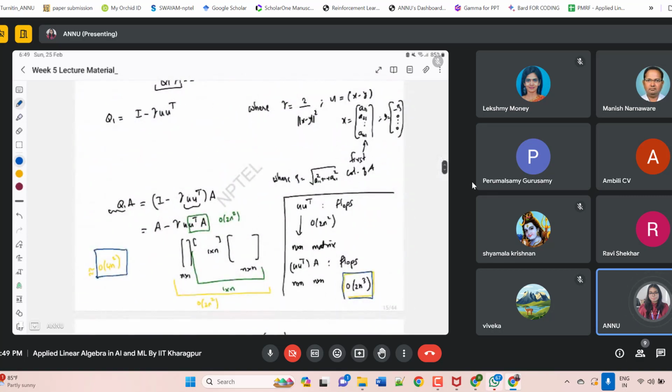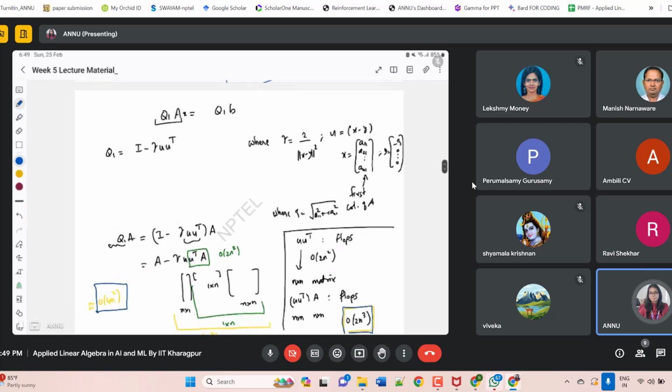Let's say you're multiplying the first Q1 of A, that is nothing but I minus gamma UU transpose A, where gamma is some scaling factor, because that scaling factor will be different, not necessarily this Q2. Most of the time it will be Q. We can represent this gamma as 2 divided by mod of x minus y squared. This U is x minus y, because in our case mod of x equals mod of y. So this should follow. Okay.